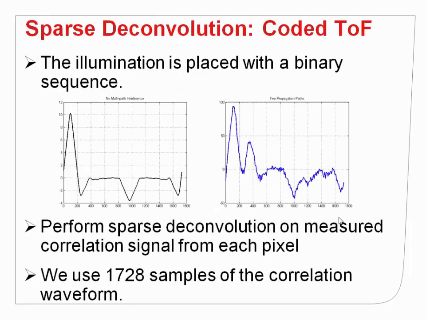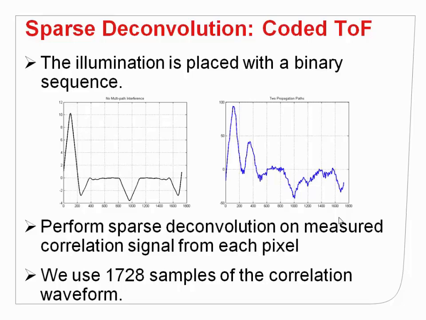For the sparse deconvolution method, instead of illuminating the scene with an amplitude modulated light source, we illuminate the scene with a binary sequence. And what you measure at each pixel is the cross correlation between the reflected light and the reference binary sequence. So on your left is what you measure when you only have one return present, and on your right in the blue is what you measure when you have 2 returns present.